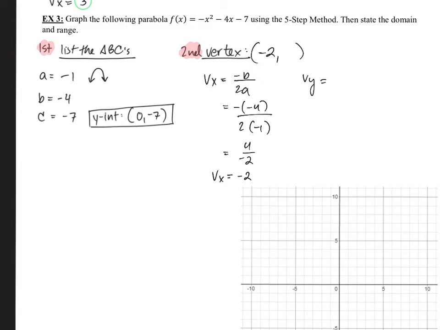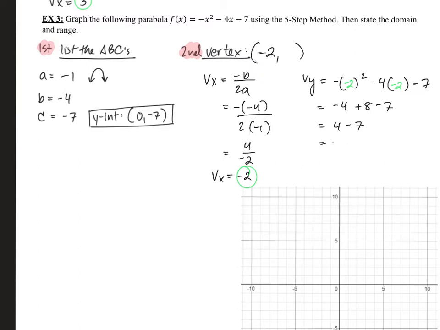So we're going to place those in our equation wherever we see x. So we have negative x squared, -4 times that value, -7. And we're using -2 here. So -2, -2. That'll be -4 plus 8 minus 7, which will be 4 minus 7.